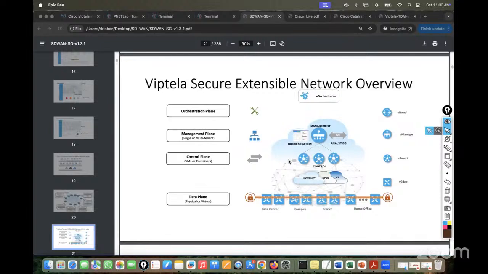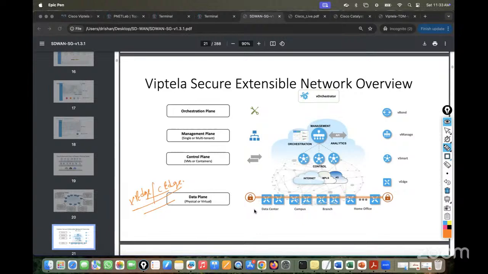In SD-WAN, we have different planes. So one thing I explain here, we have the data plane where we are going to integrate my vEdge router or might be the cEdge router. So these are the routers.